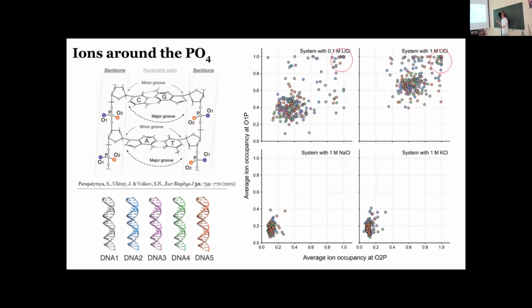Also, the occupancy values are shifted towards higher numbers when we increase the concentration in the system. And also important is that we do not see preferential binding of lithium ions to the O1 or O2 atoms.